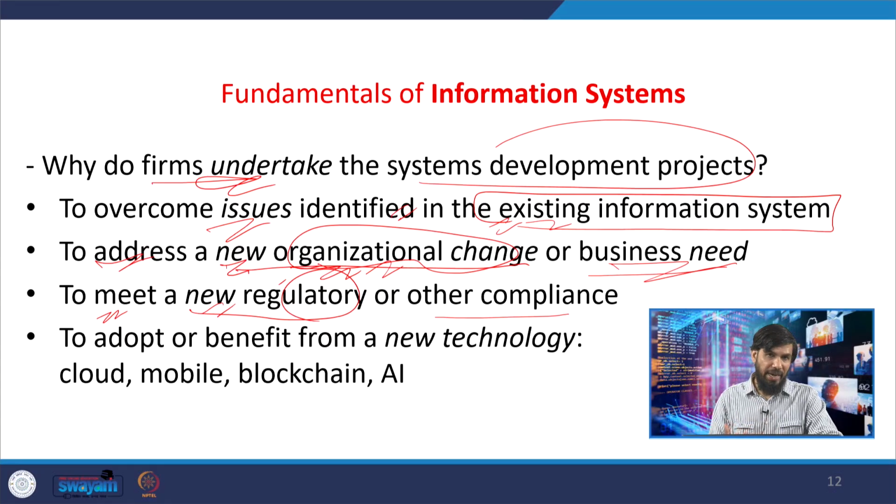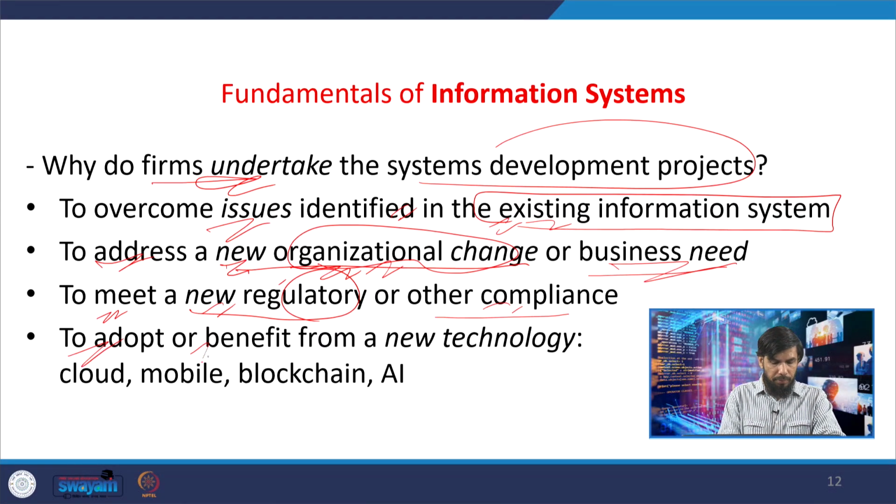That compliance might have a bearing on the existing information systems, which need to comply with those requirements. The firms might need to make tweaks or changes in their information system. So, that might also be considered a systems development project, to meet a new regulatory or other compliance.